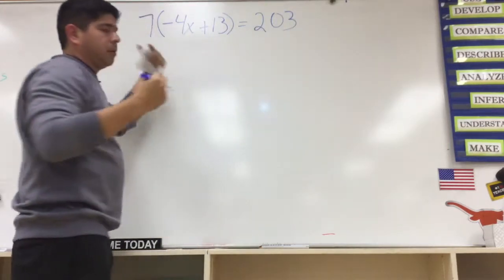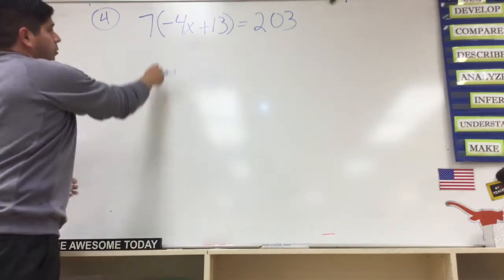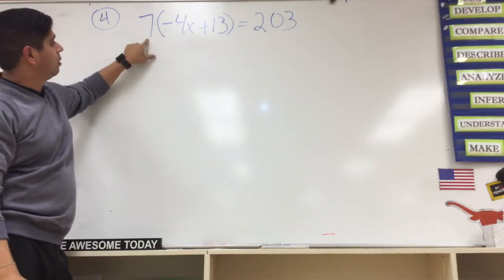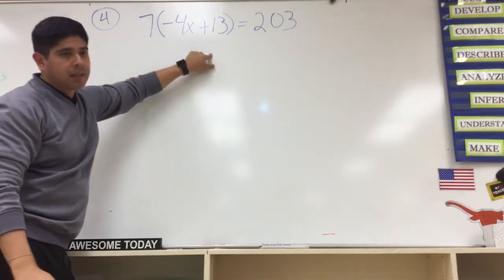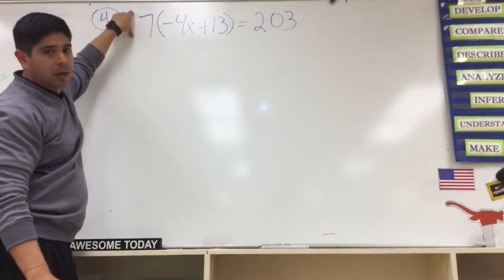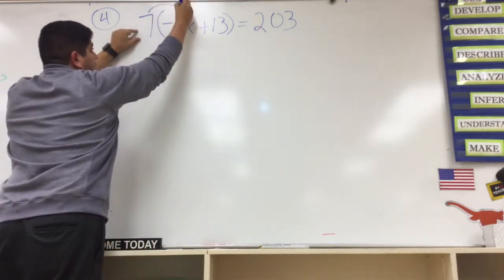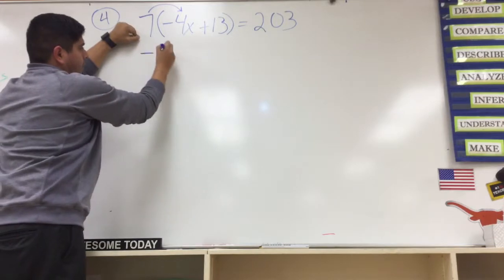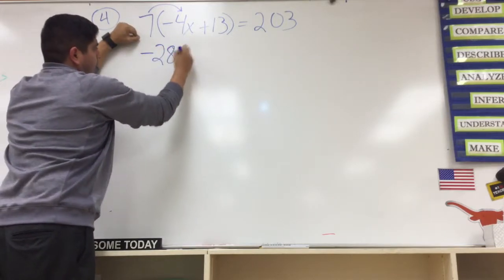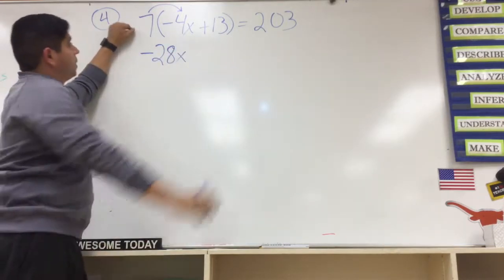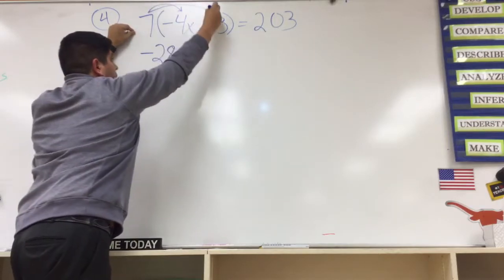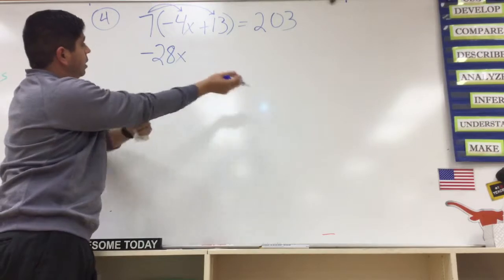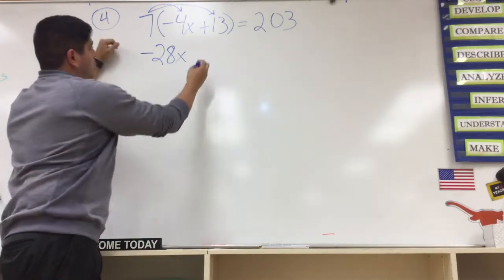So our numbers are getting a little bit bigger. That's okay. Anytime we have parentheses and a number outside, we have to multiply everything that's inside the parentheses by the number that's outside. So we got 7 times negative 4x. So 7 times negative 4 would make a negative 28x. Okay, I also have to multiply 7 times the 13. 7 times 13 makes 91.